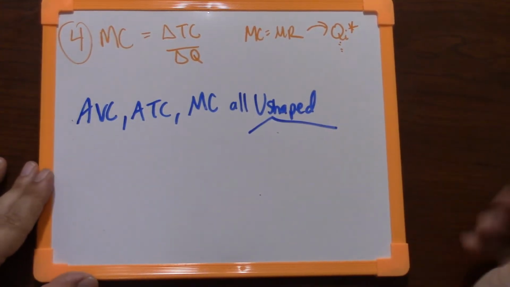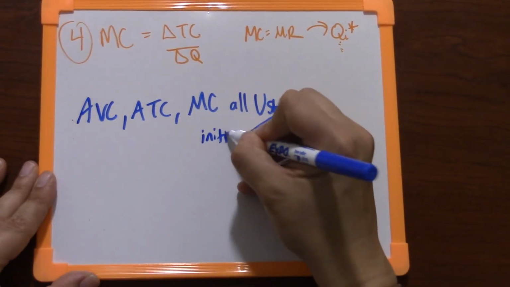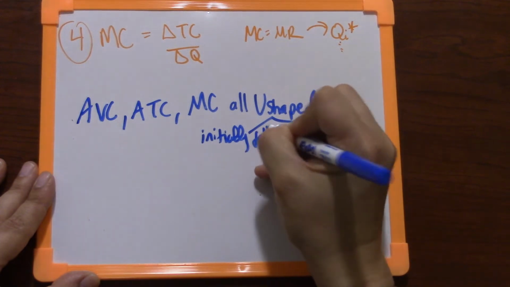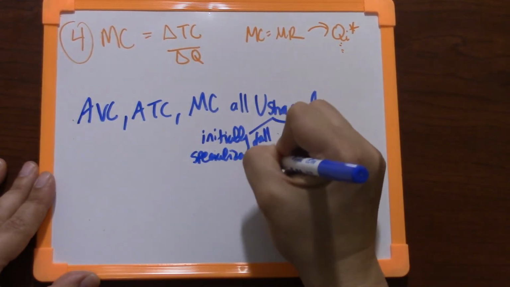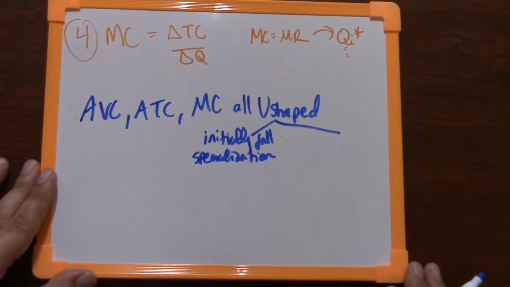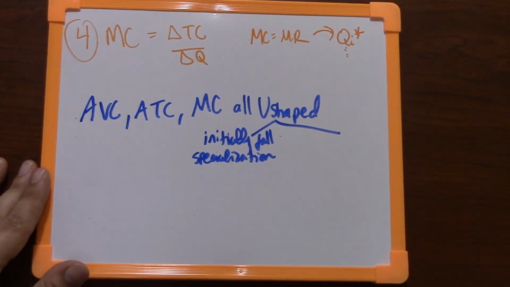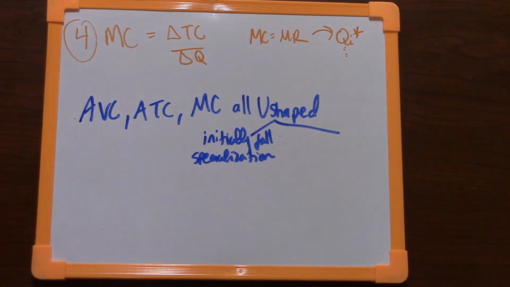And as part of that U, they initially fall due to specialization, and then they eventually rise. But the initial part where these costs are falling, in the beginning, when you first start driving for Uber, you've spent all this money on your car.